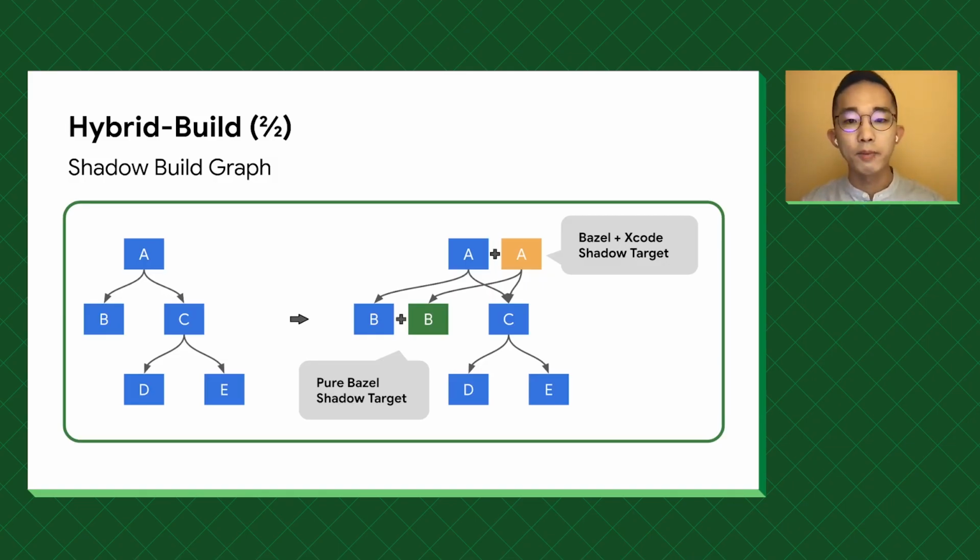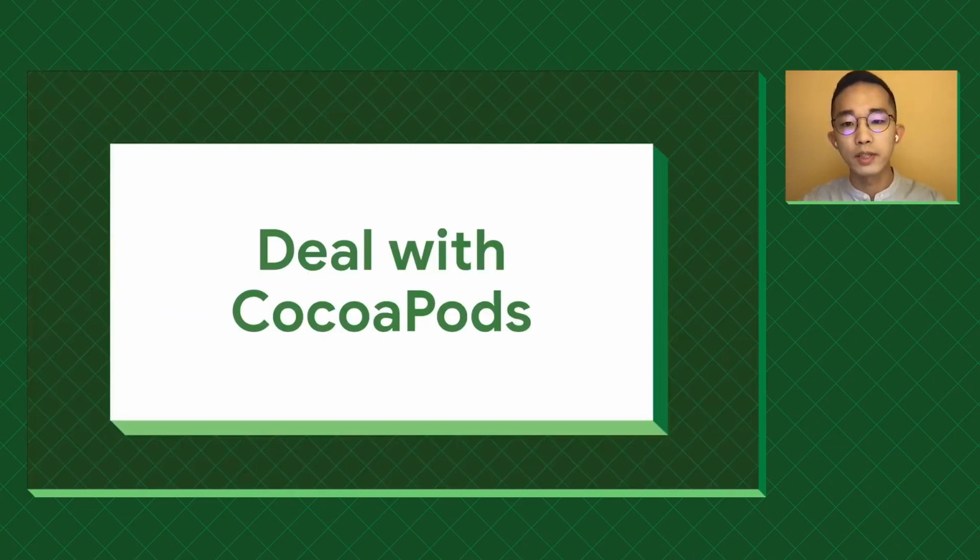The last piece of the puzzle is CocoaPods dependencies. We have way too many pods in our app. We'd love to use some automation tool to Bazelize them. Unfortunately, as I've said before, not all our pods behave, so none of the existing tools works out of the box.